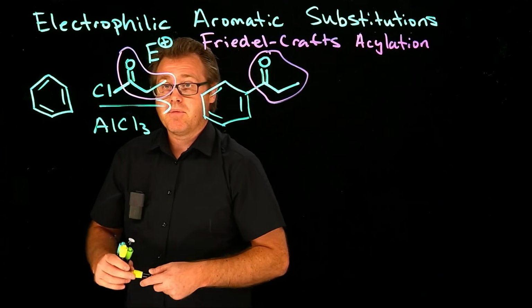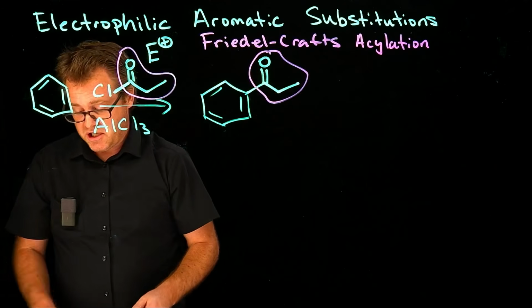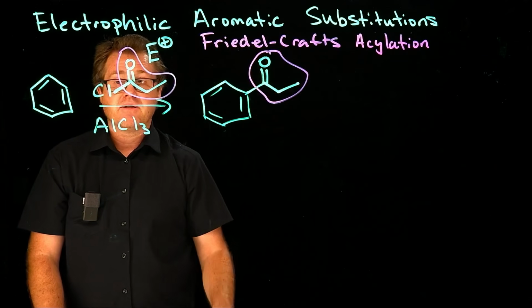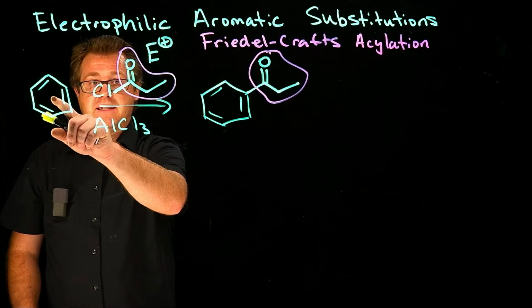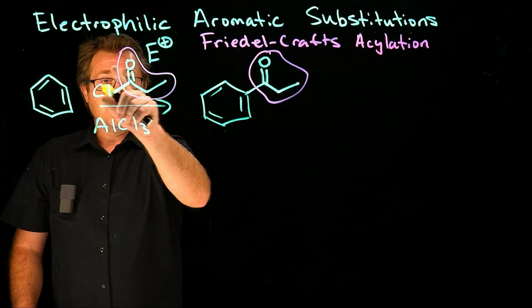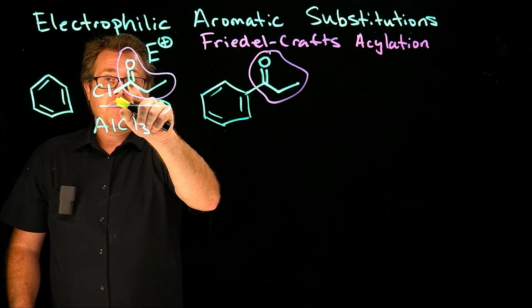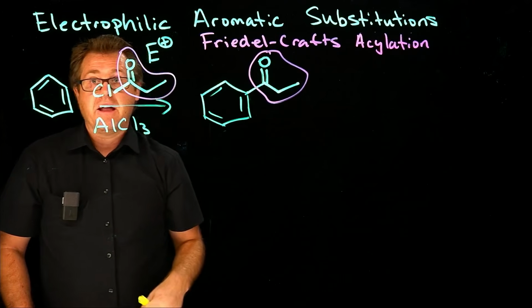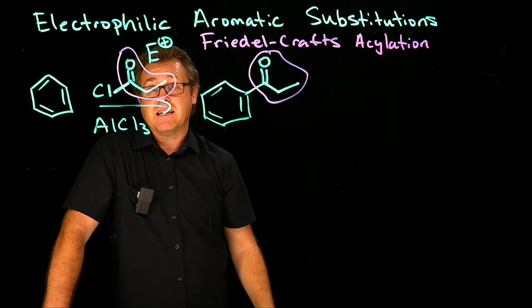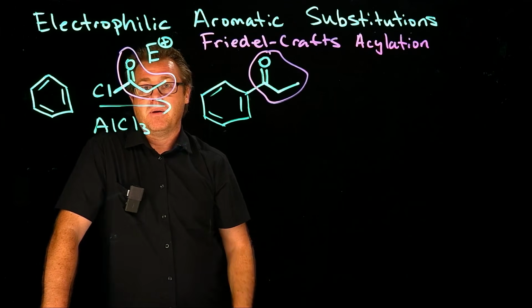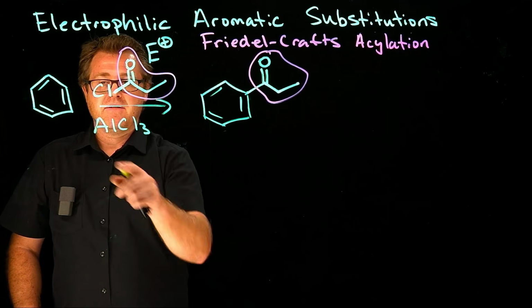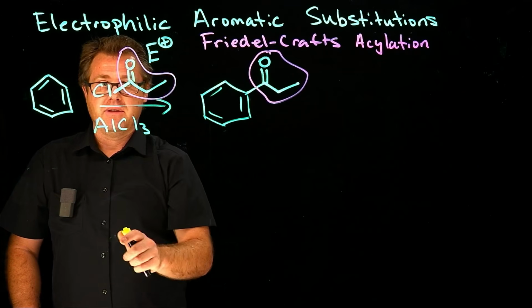So like in the previous videos, we have to generate an electrophile for the benzene to attack. Some may argue that the carbonyl carbon is the electrophile, and your argument is correct. It is an electrophile, but it's not a strong enough electrophile for the benzene to react with it.